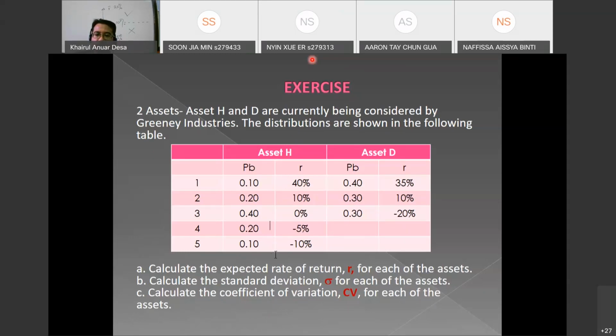So standard deviation for H is 13.38% and standard deviation for asset D is 22.78%.